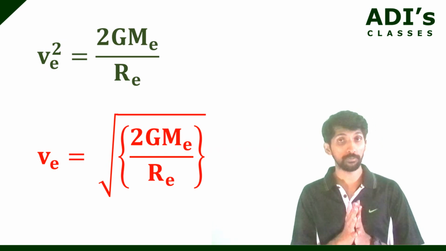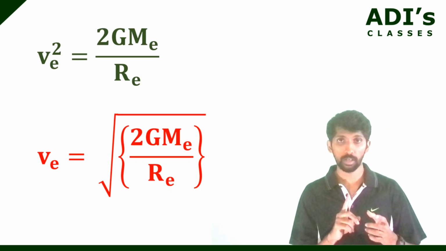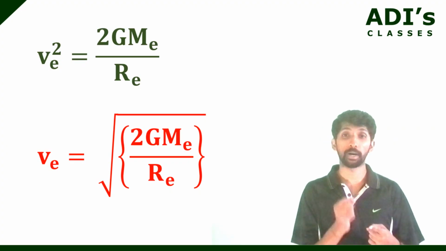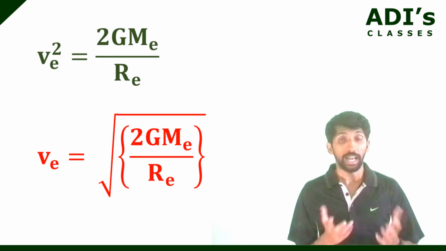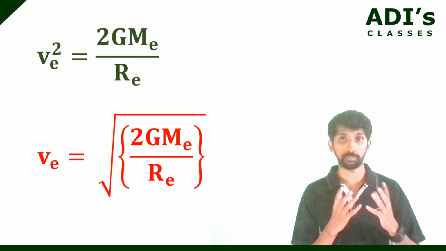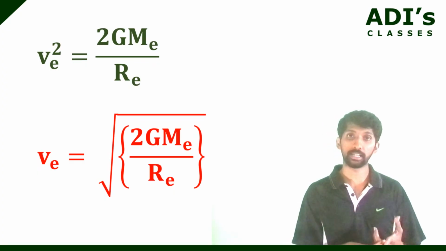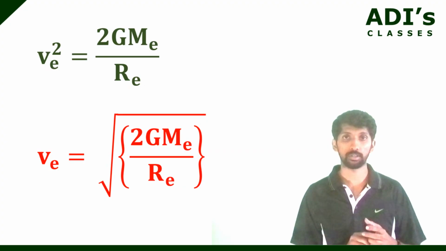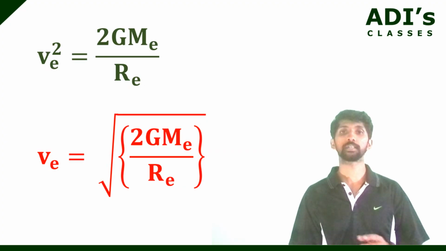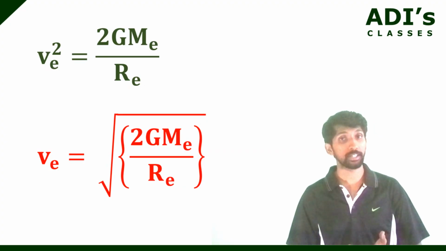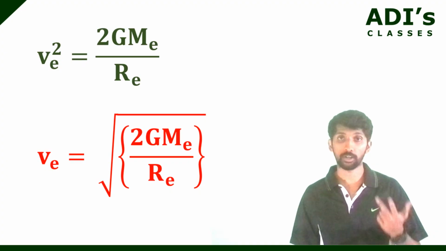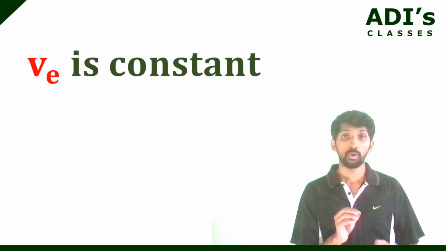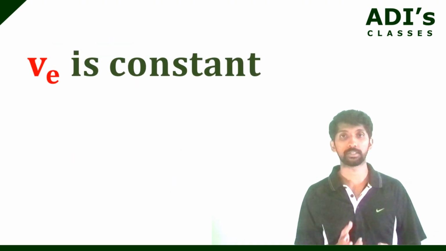If you carefully look at the formula, is the escape velocity dependent on the mass of the body? No. It depends on the mass of the Earth, the radius of the Earth, and the gravitational constant. All three are always constant, so Ve is a constant.